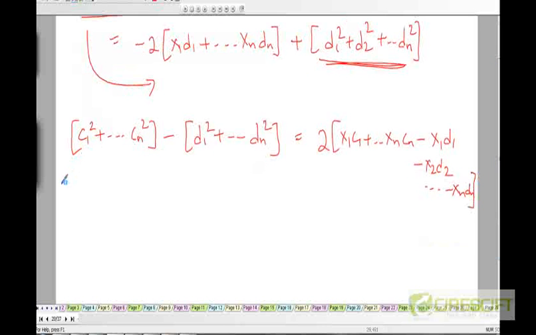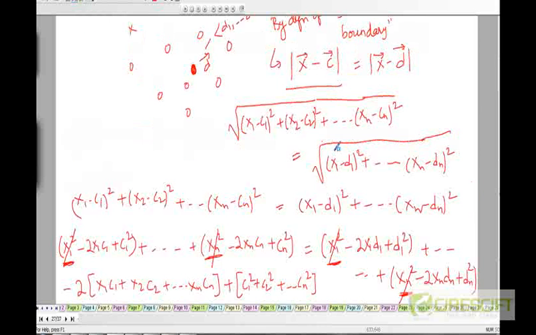So I can group together these terms. Actually, what is c1 squared plus cn squared? This is nothing but the square of the magnitude of the vector c, right?